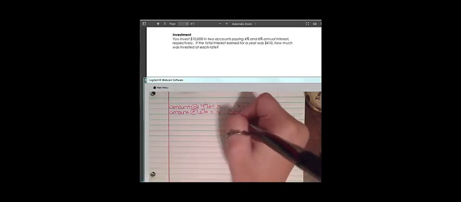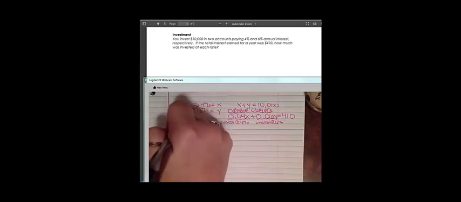Because remember, interest works, you're taking the percentage times however much you're investing. So this right here represents the interest at 4%. And so this over here represents the interest at 6%. And for the total year, you earned $410 from both. So that means you have to take the interest at 4% and add it to the interest at 6% in order to get your 410. So those are our 2 equations. So that is our system of equations.